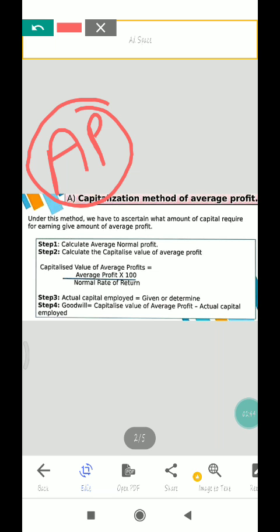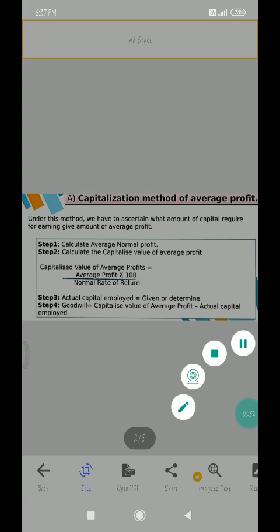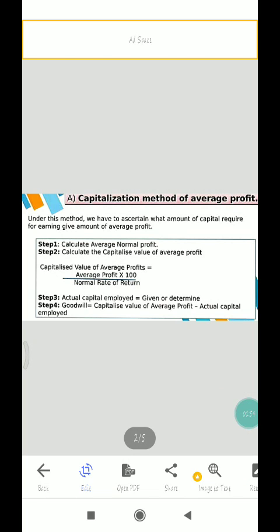Such capital is called the capitalization value of average profit. So this method is to ascertain how much capital is required for earning an average profit of the business organization. For better understanding of this concept, we will give an example.